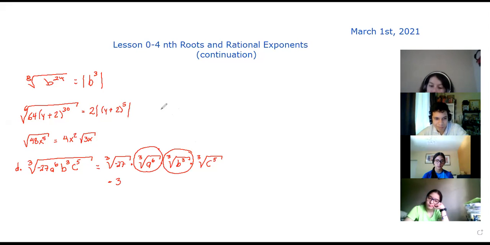If I have this, I can rewrite this radical as a power with a rational exponent, b divided by a. So that's what I'm gonna do here.